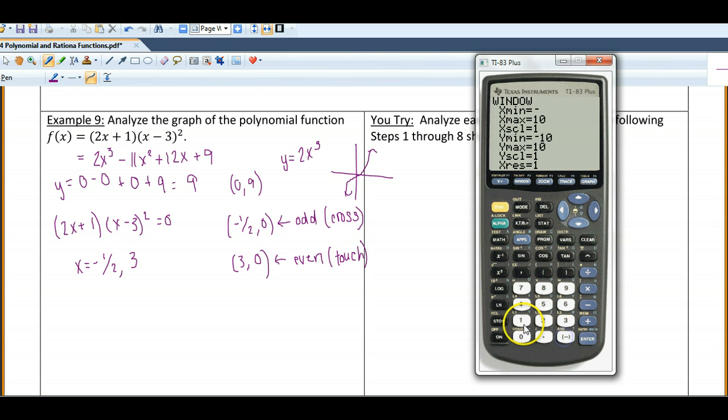Let's go from negative 15 to positive 15. There we go. So we know it looks something like that.